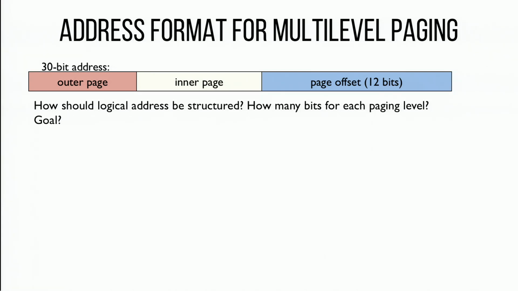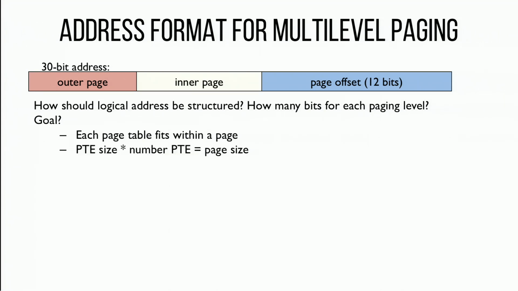There's some calculations we can do to figure out how many bits should be devoted to the inner page, assuming a 4 kilobyte page. Again, our goal is that each of those inner page tables has to fit within a page. They have to fill up 4 kilobytes. If I tell you how big each of those page table entries is, then you can figure out how many page table entries there must be. So we'll do our usual, assume that each page table entry takes up 4 bytes.